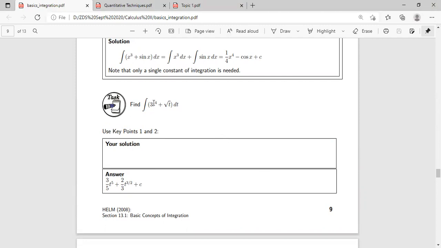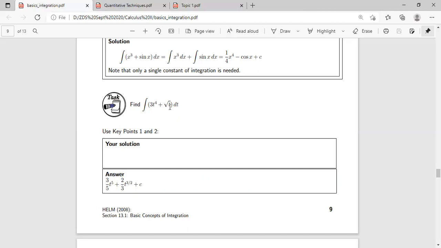So this will be t raised to 5 over 5. Then I bring my 3 back. So it becomes 3/5 t raised to 5. Plus, this is t raised to 1/2, right? Are we together?